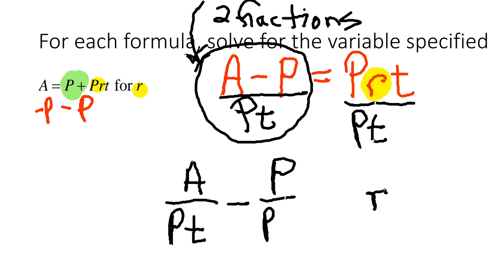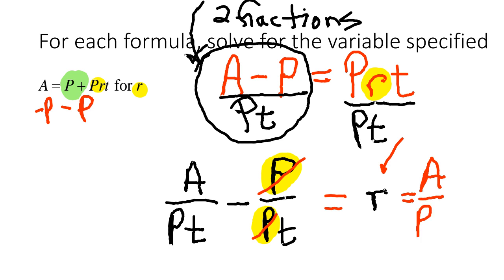Now, notice this P and this P can be reduced. I can cancel them out, which means that this R can also equal A over P T minus 1 over T. This is another way to write my answer.